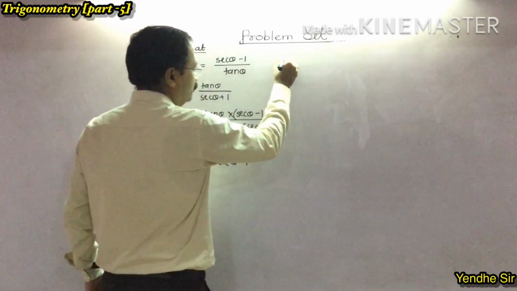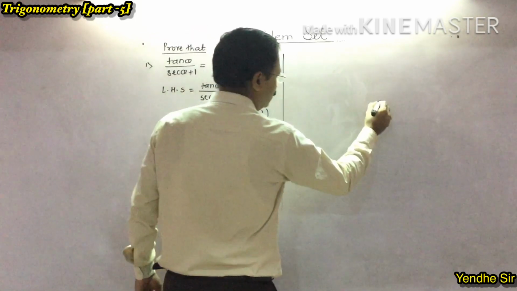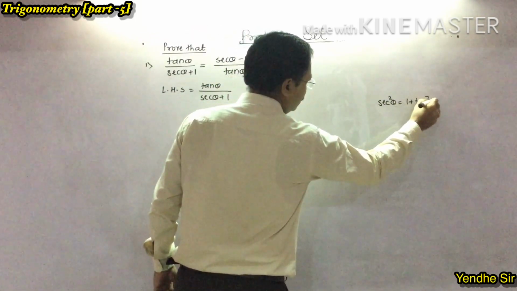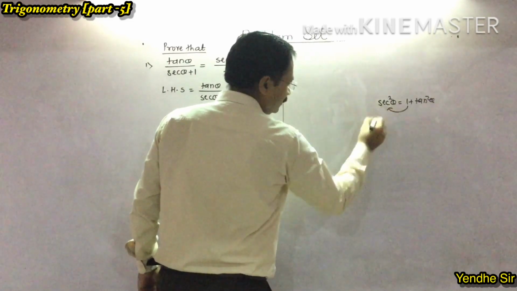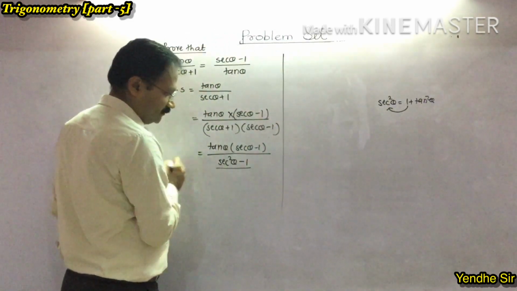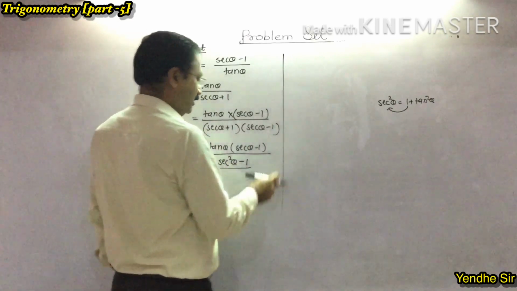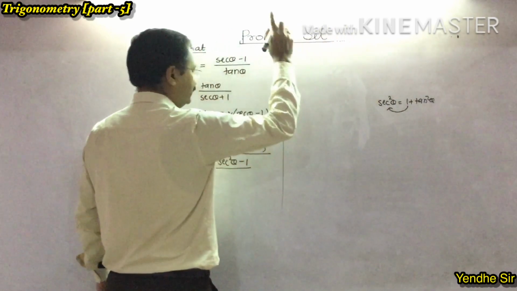Okay. But you have seen this formula. I told you that sec square theta equal to 1 plus tan square theta. Now if the 1 comes to this side, you will get this one. Yes or no? So instead of sec square theta minus 1, I am going to write tan square theta.